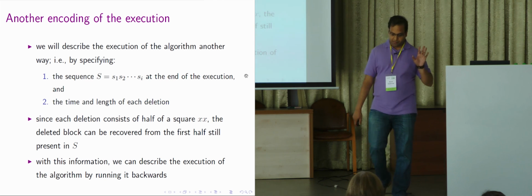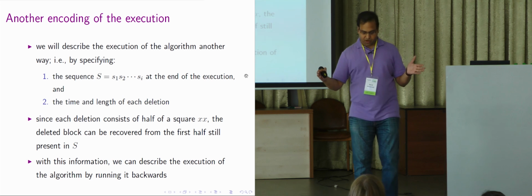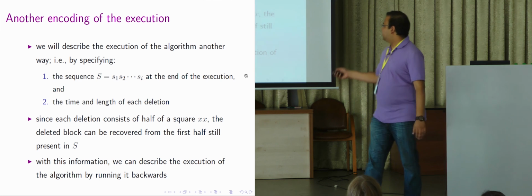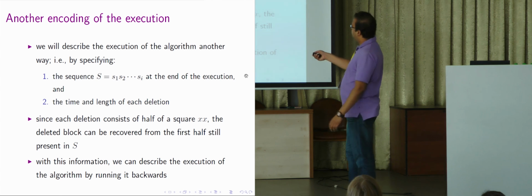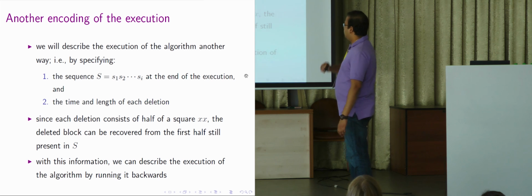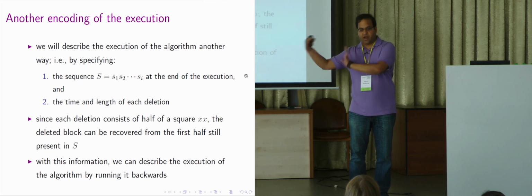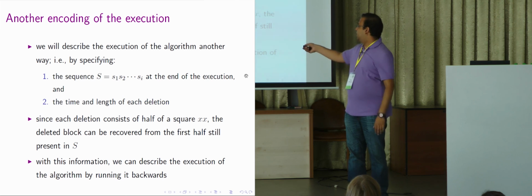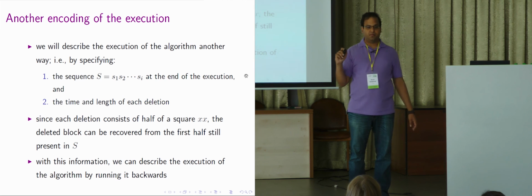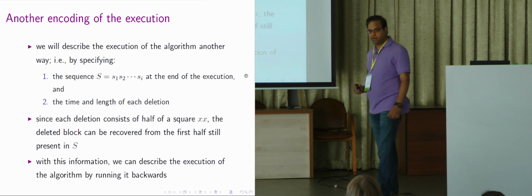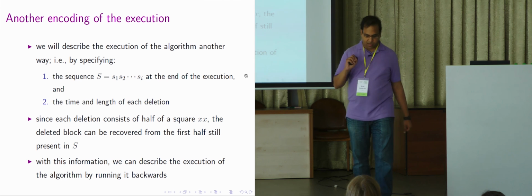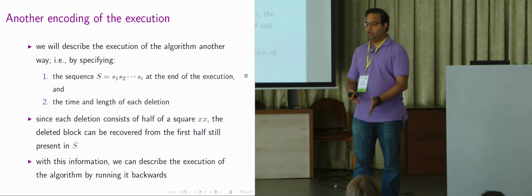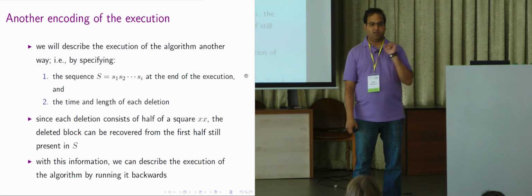This way of describing the algorithm kind of works in reverse. Suppose I know the final sequence S. After m steps, the algorithm stops and has generated a certain sequence S. Suppose I know that final sequence S, and suppose I know the time and the length of each deletion that happened during the execution of the algorithm.